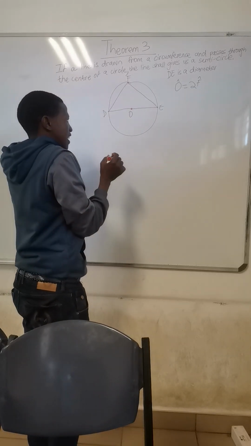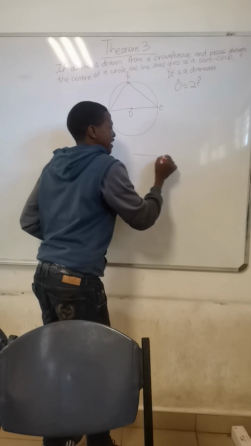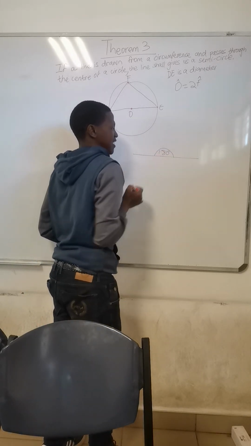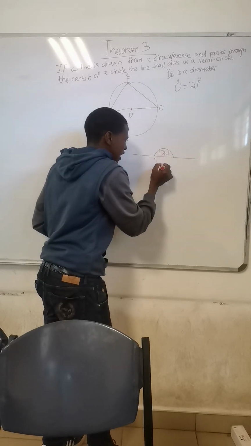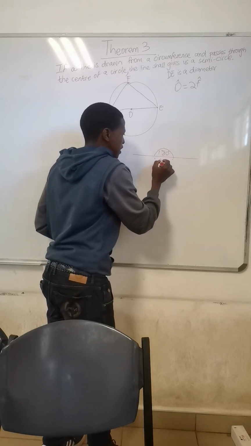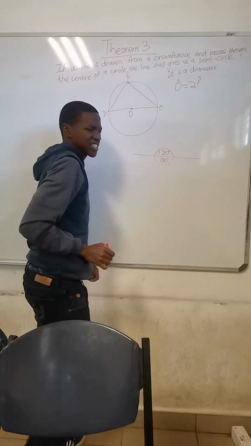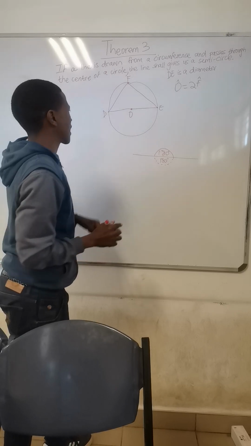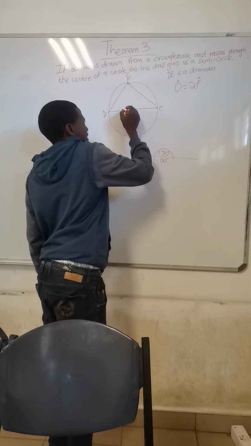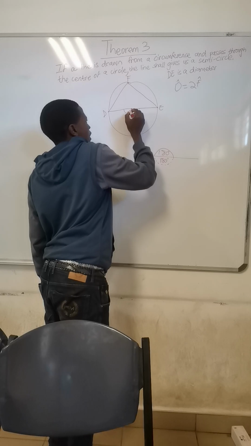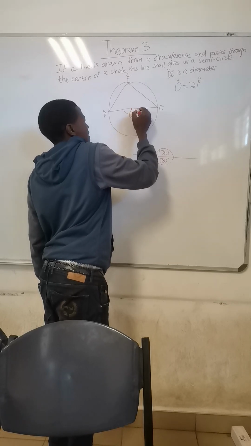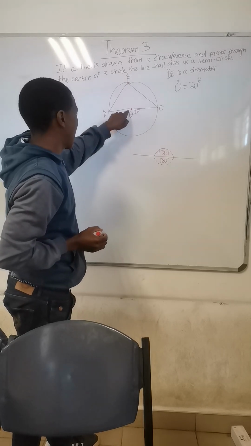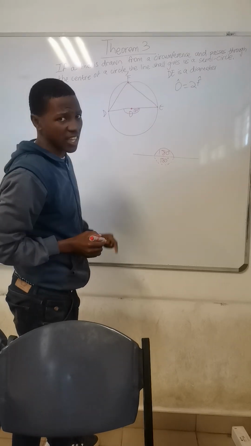So now what does it tell us? Remember that a straight line is equal to 180 degrees, isn't it? The very same straight line, even under, is the same as 180 degrees. So if you look at your diameter, remember here we also have 180 degrees. We said an angle at center is twice the one at the circumference.